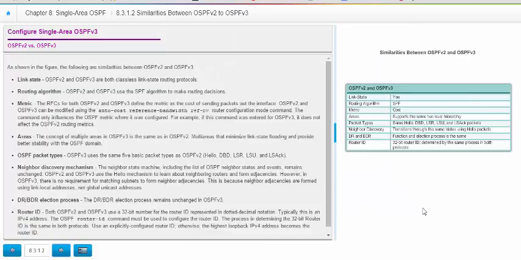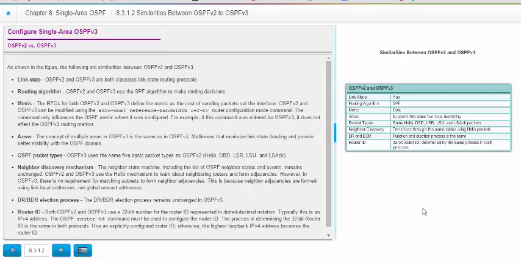Okay, let's look at the similarities between version 2 and version 3, and I'm going to refer to them as version 2 and version 3 so that I don't get my tongue tied as much. With link state, version 2 and 3 are both classless link state routing protocols. The routing algorithm for 2 and 3 use the SPF algorithm to make routing decisions. Metric is used.